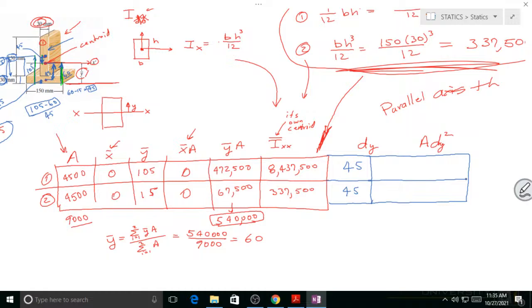Ironically, it's the same for both. Give me a second. Okay, 45 times 45, that's 45 squared, times 4,500, 9,112,500. And believe it or not, I wish I'd have picked a different problem. I didn't know that this was going to occur.